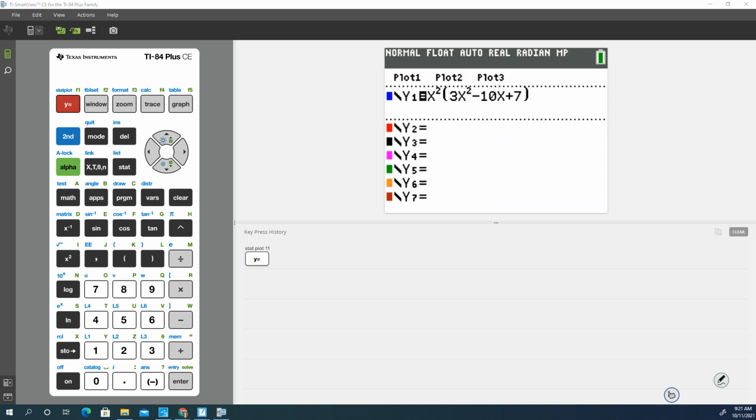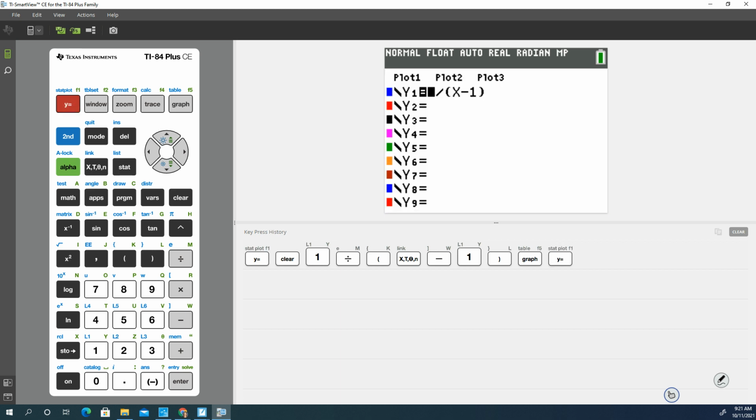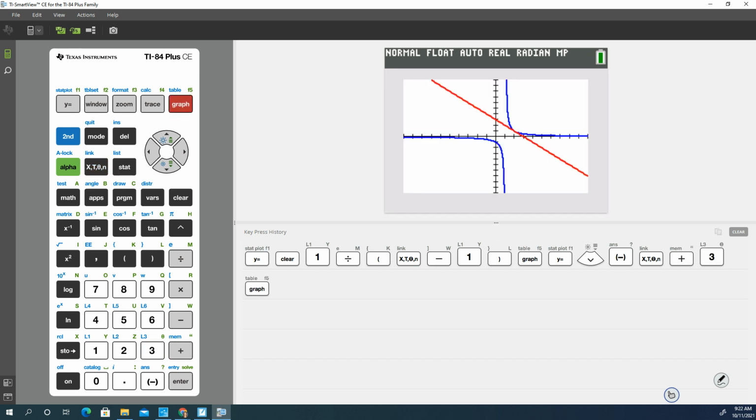We know that's a rational function, so it should make a hyperbola. Okay, I don't know what my windows are at, but that looks good. Now in my y2, I'm going to put in that equation we got for the tangent line, which is the only reason why you'd have to put it in slope-intercept form, negative x plus 3. When I go to graph it, it should look like it is tangent to that point, 2, 1, and it looks like it is.